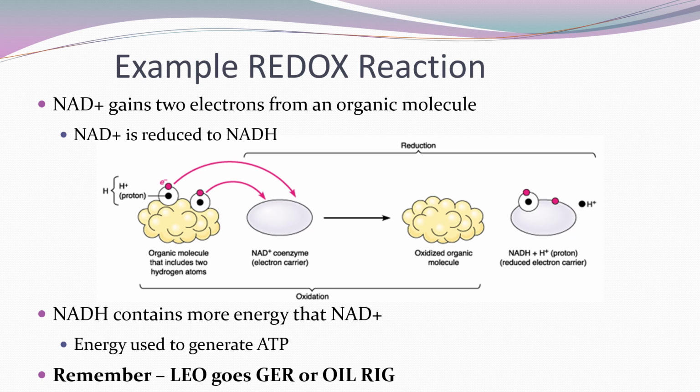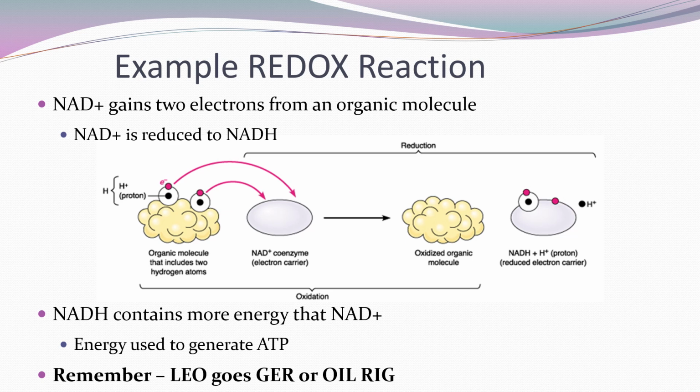gain the electrons. Now, if it helps, there are little acronyms you can use to remember oxidation versus reduction. There is LEO goes GER, which I think is kind of cute. It's a good one.